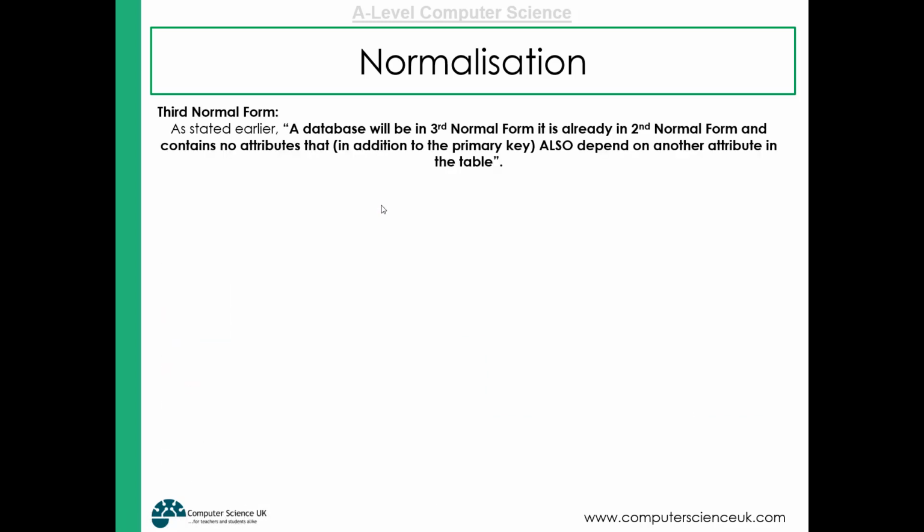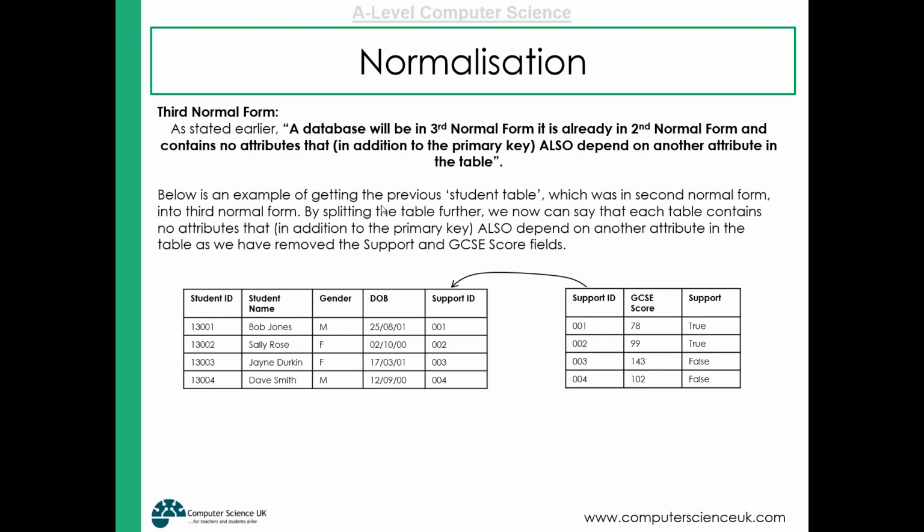So a database will be in third normal form if it's already in second normal form and contains no attributes that, in addition to the primary key, also depend on another attribute in the table. So here's an example of getting that previous student table that was in second normal form into third normal form. We split the table further, and now we can say that each table contains no attributes that, in addition to the primary key, also depend on another attribute in the table, as we've removed the support and GCSE score fields.